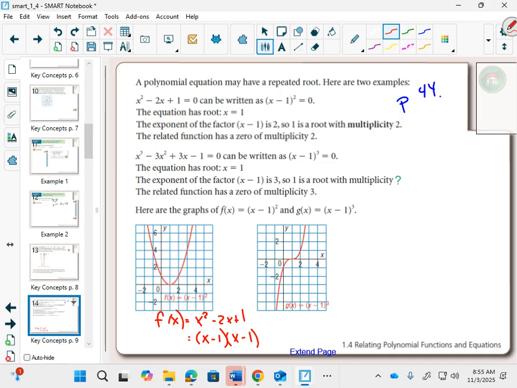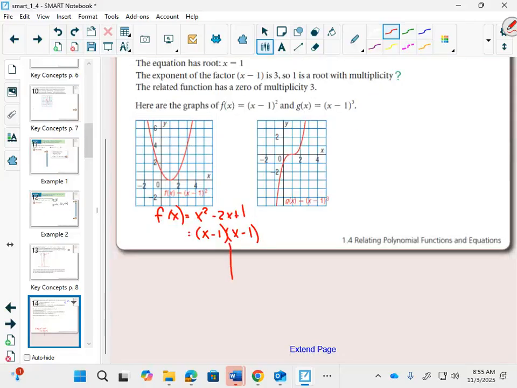So it means I have only one x-intercept, but technically, when solving, that solution shows up twice. The wording that we're going to use for this is we're going to say that this has a 0 of multiplicity 2, because it's the same one, but it happens twice.